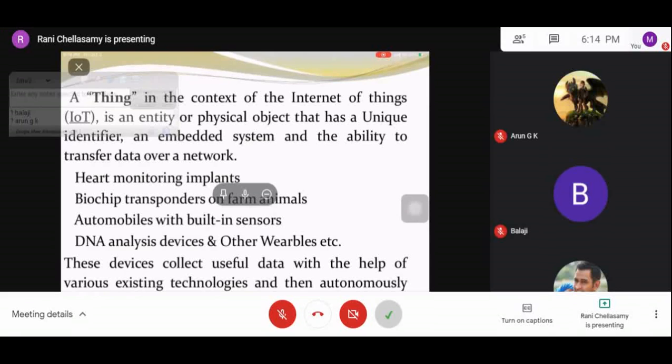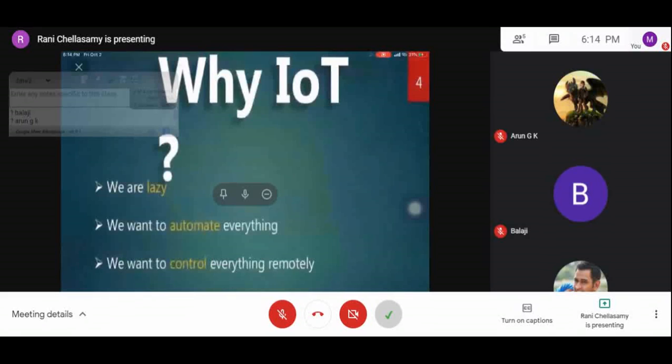So why IoT? What's the need to have IoT? In a fast moving world, we are becoming very lazy. In order to get all the work done in a fast manner, we are moving to IoT applications.